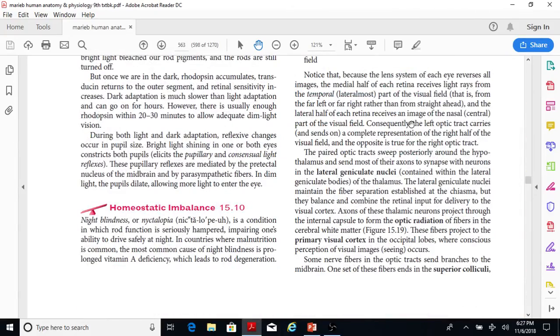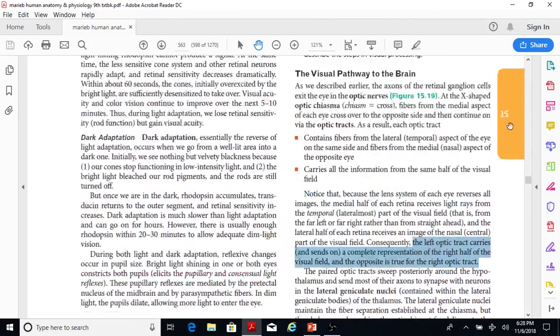Specifically, okay, from here, the left optic tract carries and sends on a complete representation of the right half of the visual field. So it's not the left eye, it's the left optic tract that carries a complete representation of the opposite half of the visual field. And the opposite would occur for the right.